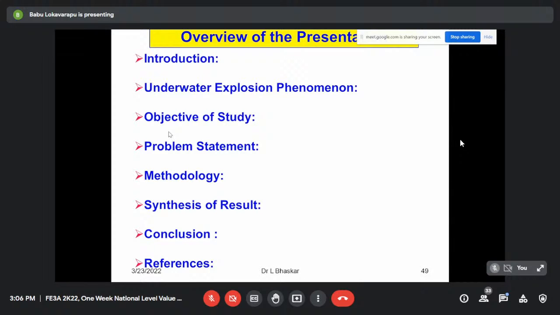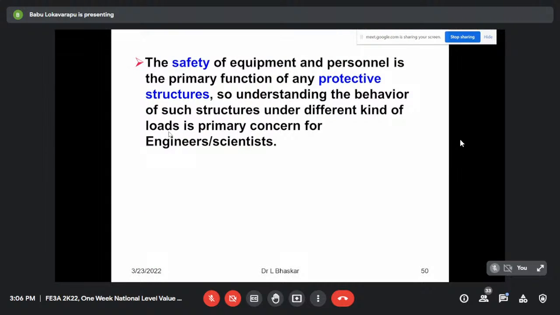This area is a slightly different topic. It comes under explosion scenarios, and I'm going to explain how we have solved this problem. Basically, when you're storing explosives, either in terms of units or as a whole, the precaution is very, very important.